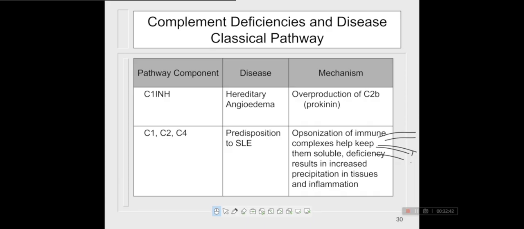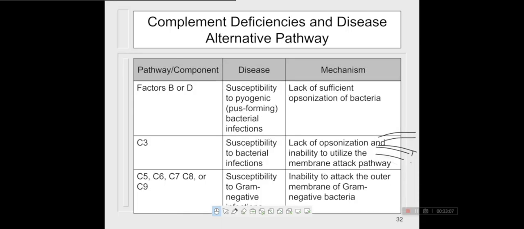Complement deficiency and disease, classical pathway. C1INH, C1, C2, C4 deficiency. Disease is hereditary angioedema, predisposition to SLE. Mechanism: overproduction of C2b, and opsonization of immune complexes helps keep them soluble. Deficiency results in increased precipitation in tissue and inflammation.